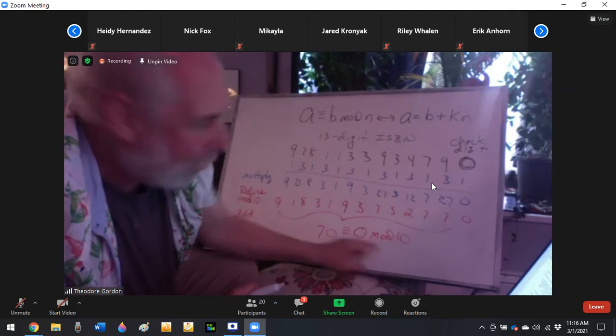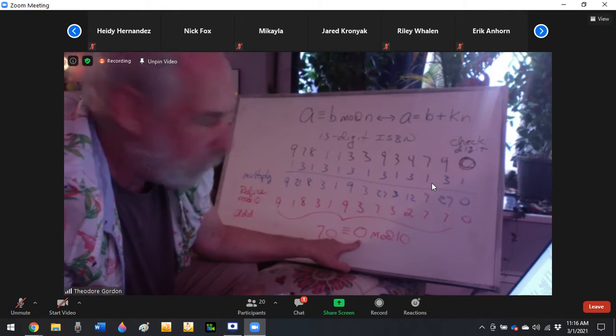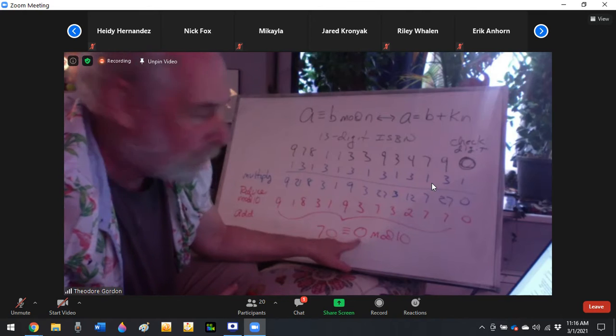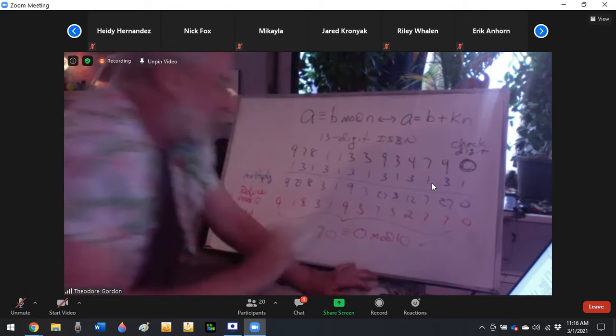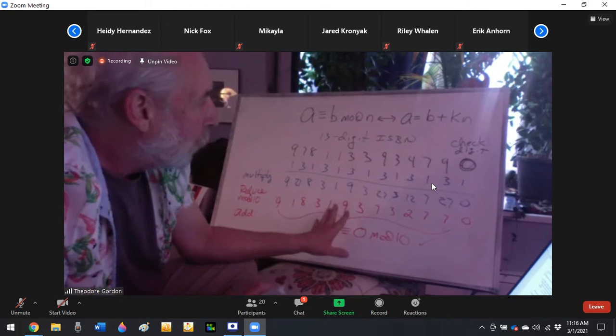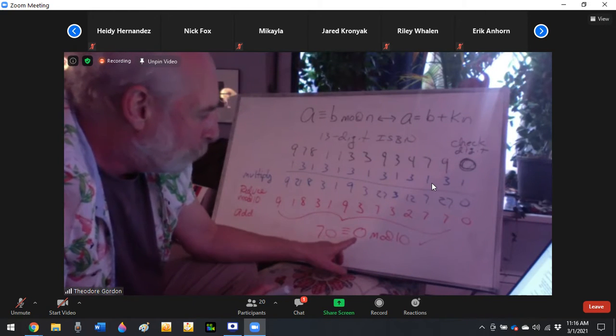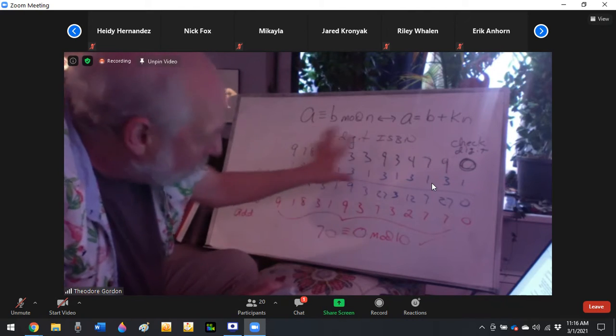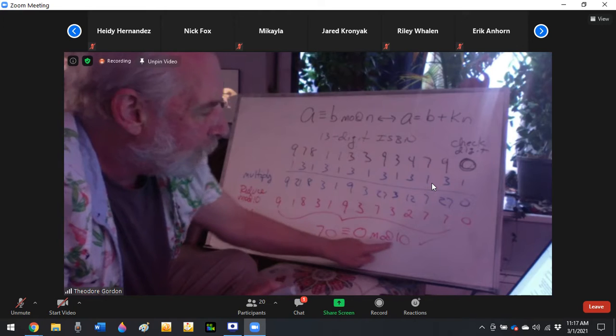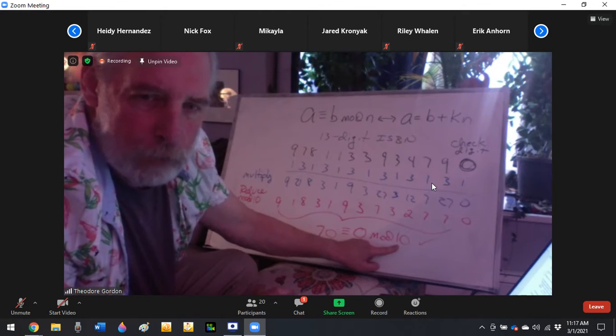So not mod 10. Anytime your congruence comes out to be 0, it just means this number is a multiple of 10. And that tells us for a 13-digit ISBN, this little method always has to give you a multiple of 10.